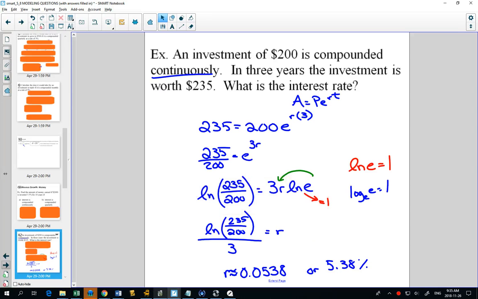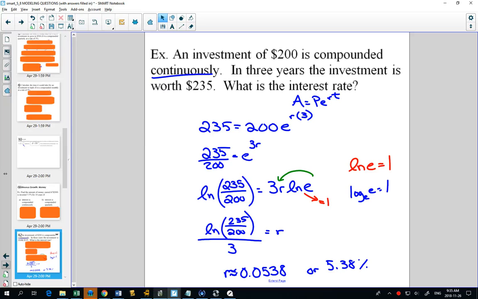So I simplify it first, take the natural log of both sides, my exponent can come out in front, and you get the natural log of e by itself. And the natural log of e is equal to 1.